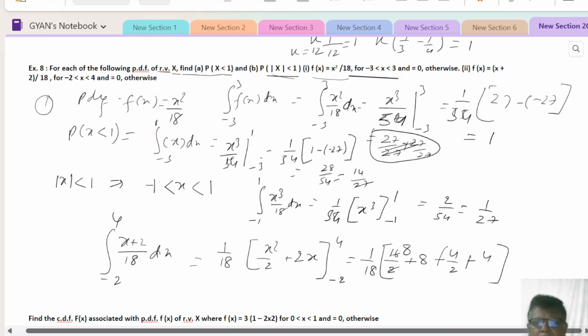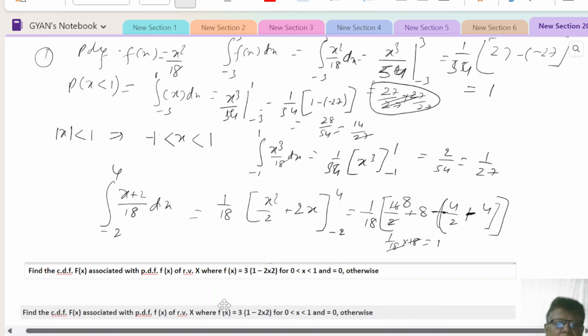This one is minus and this is minus 4. So that is 1 by 18 into 18. So that will get cancelled, 1. So now you can find in the interval.